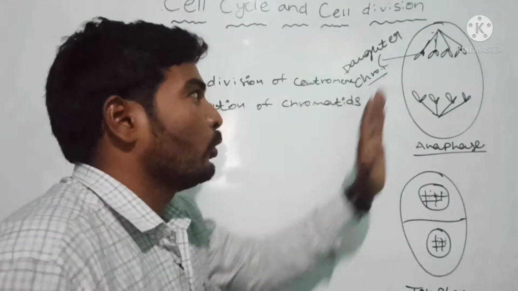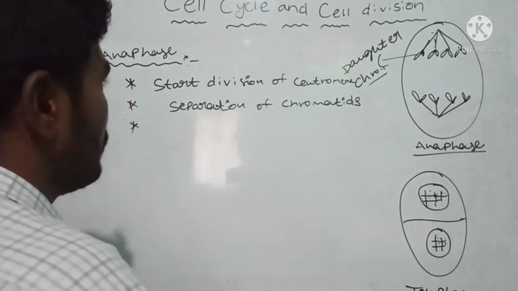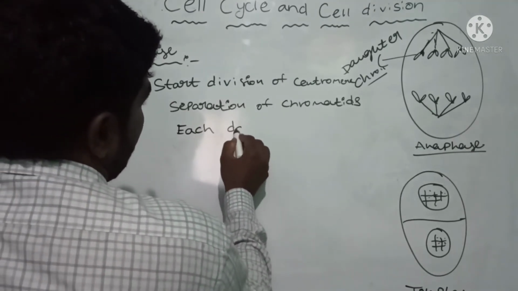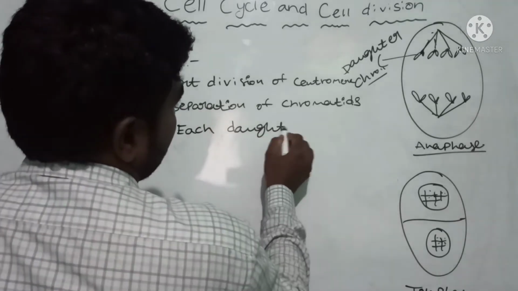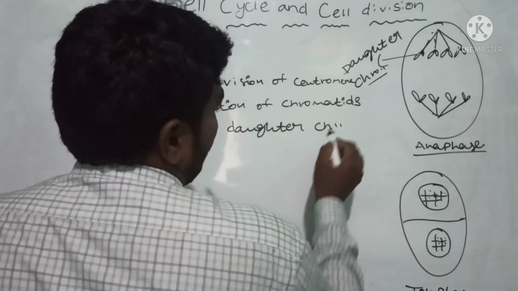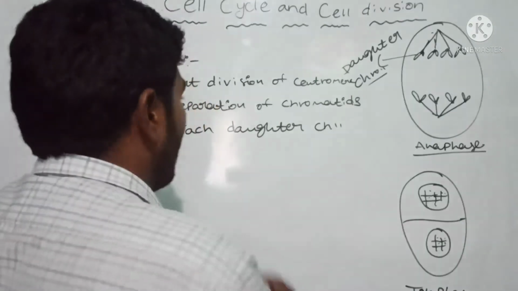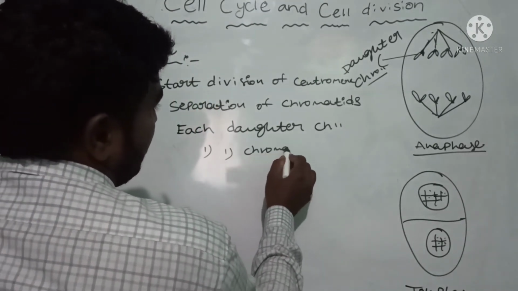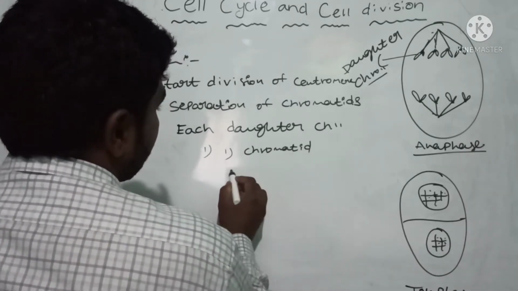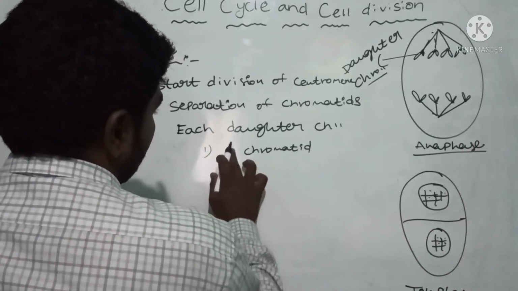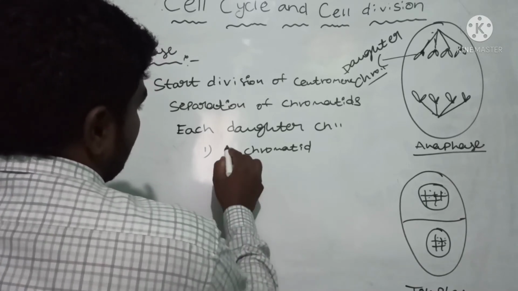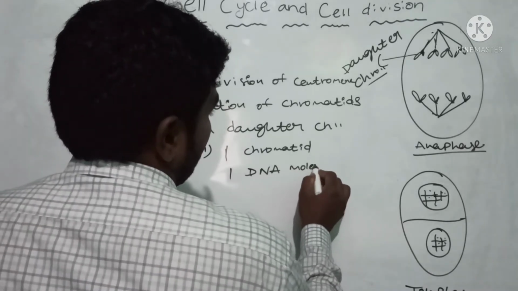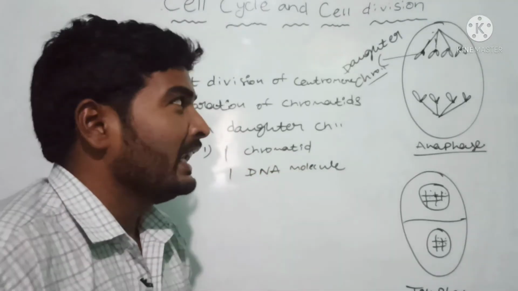Now, each daughter chromosome has one chromatid and one DNA molecule.